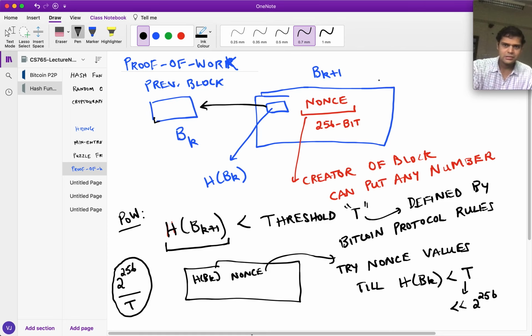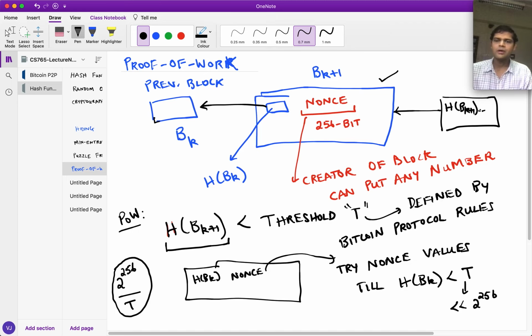Once somebody generates a valid block whose hash is less than the threshold, people assume that this block is the true one, the next one in the blockchain, and then the game continues for the next block. But now instead of h of bk, we put h of bk plus 1, and now people have to find a new nonce for the next block. Okay, so this is proof of work in a nutshell, and we look at the details again later on.